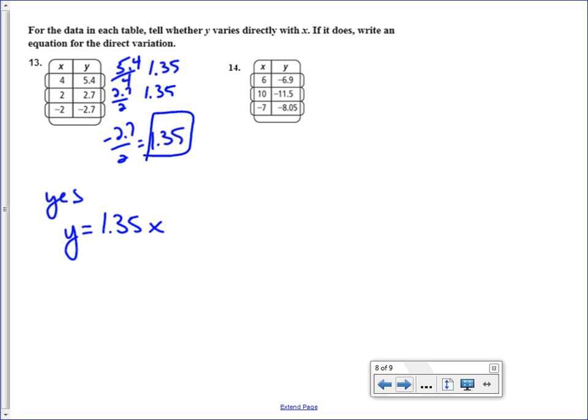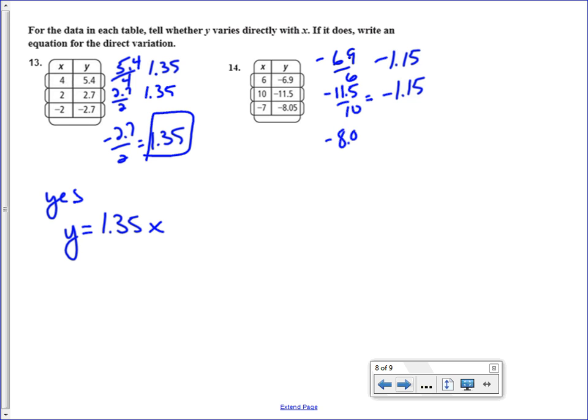y equals 1.35x. Okay, so if we tried this other one, a negative 6.9 divided by 6, which gives you a negative 1.15. If you take a negative 11.5 divided by 10, that also gives you a negative 1.15.